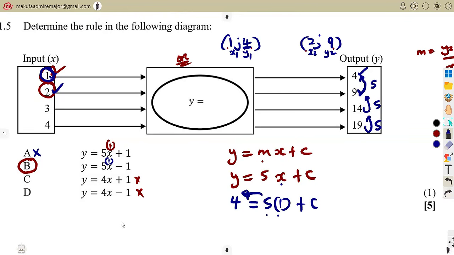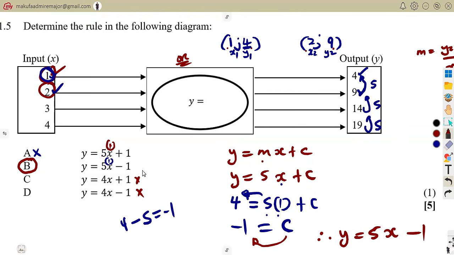You take it to the other side, so it will be 4 minus 5, which is minus 1. So minus 1 is equal to c. So therefore, we can rewrite this equation, in place of c, we substitute minus 1. So y is equal to 5x minus 1. So you can see that we are still going back to the B that we obtained.